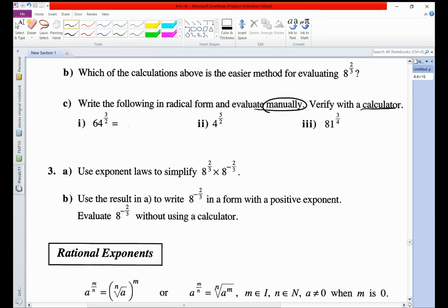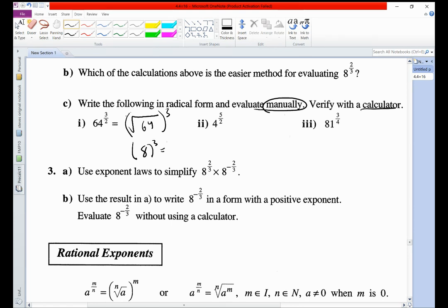So we can rewrite this as the square root of 64, and then we can say it's all to the power of 3. So the square root of 64 is just 8 to the power of 3.